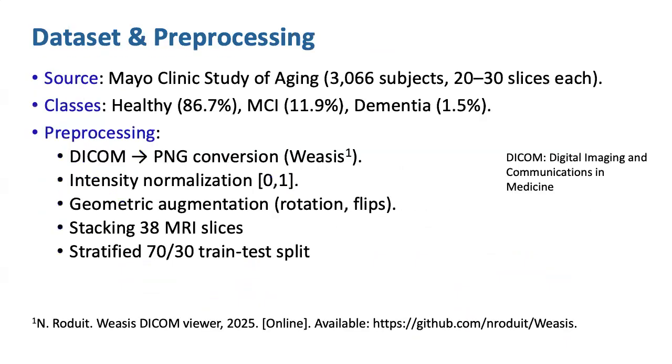As you mentioned, the data set already, in the Mayo Clinic data set we are using, the data we are getting from there is in the digital imaging communication medicine format, and we are converting it to PNG. And I already mentioned that we are using normalization, geometric augmentation, stacking slices, and also stratified sampling.